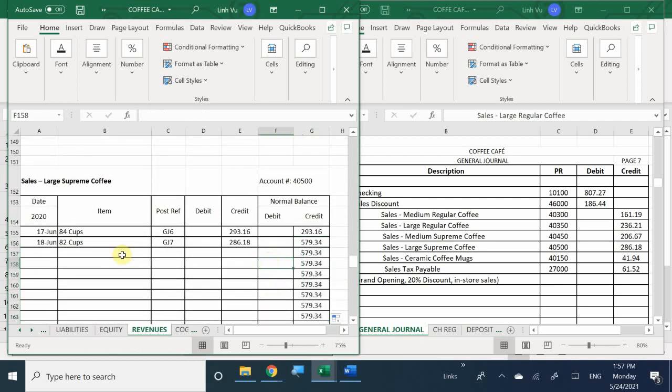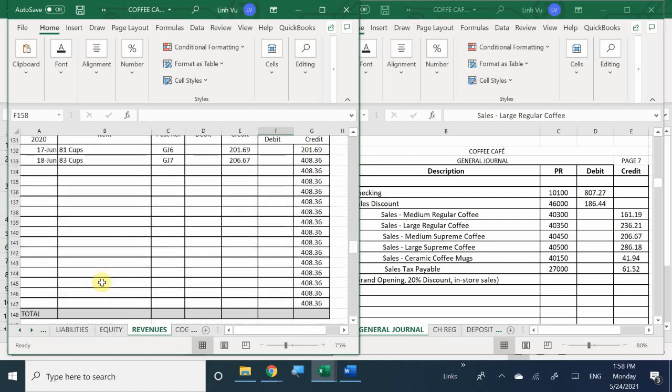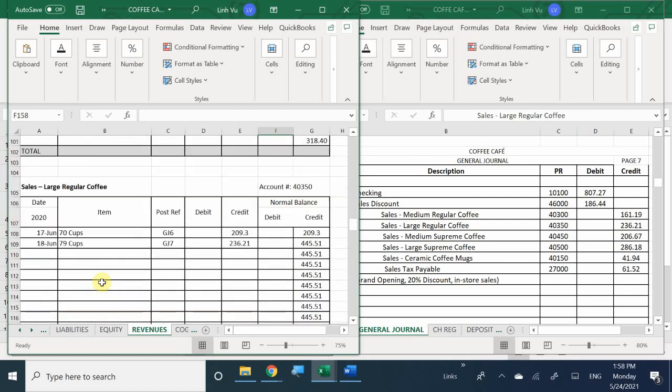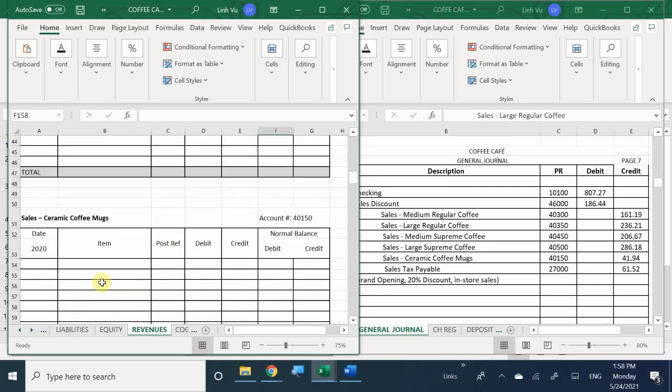And then we'll need to go up to the ceramic coffee cups. How many did we sell? 20?